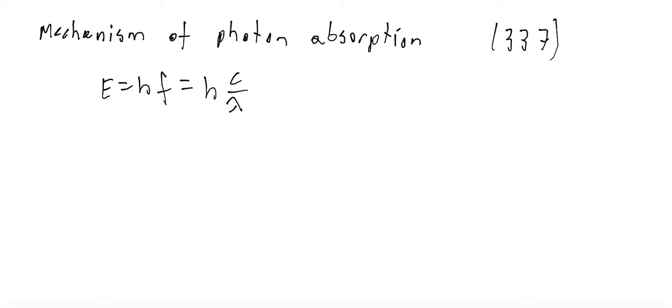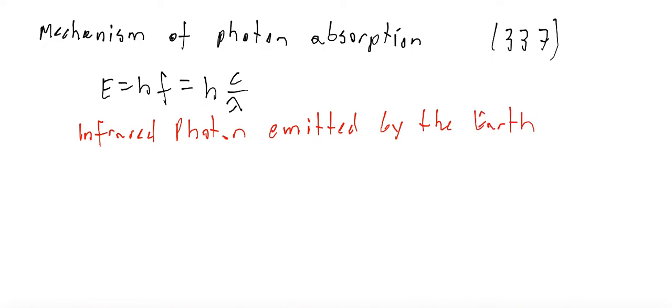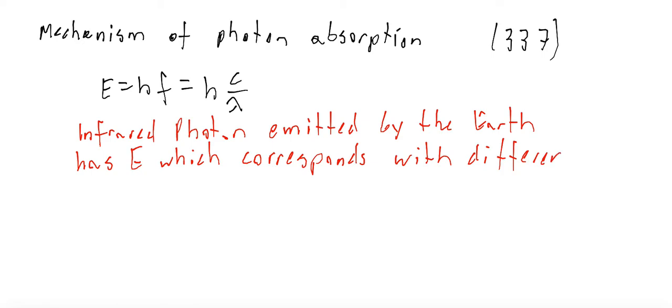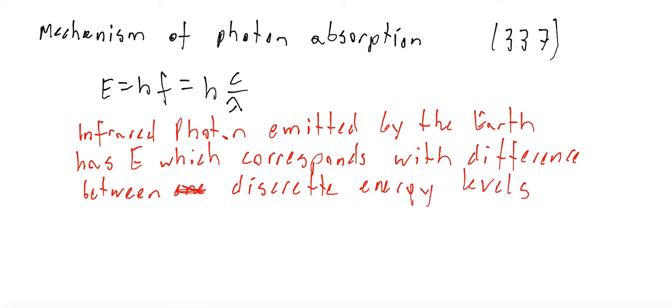Okay, so we can write that an infrared photon emitted by the Earth has energy which corresponds with the difference between discrete energy levels of greenhouse gas molecules.